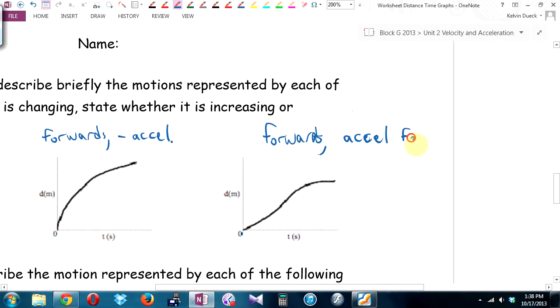Accelerates. Then negative acceleration. Decelerates, slows down. I take all of those, but I'm saying, Kyle, let's get comfy with some physics words.